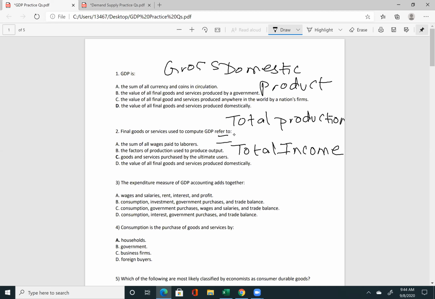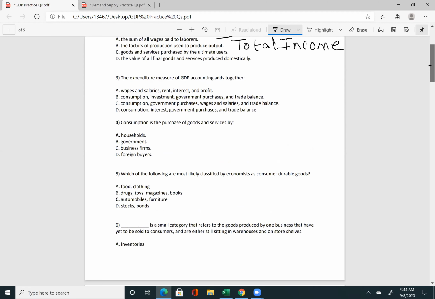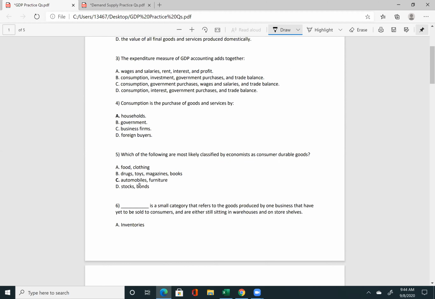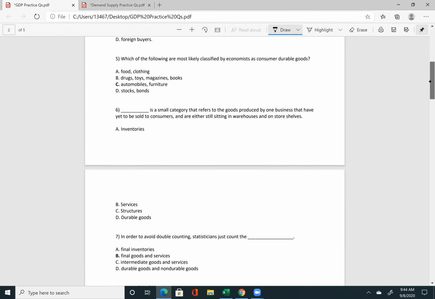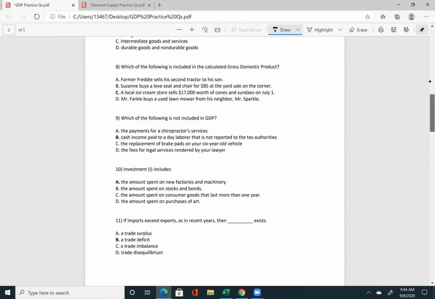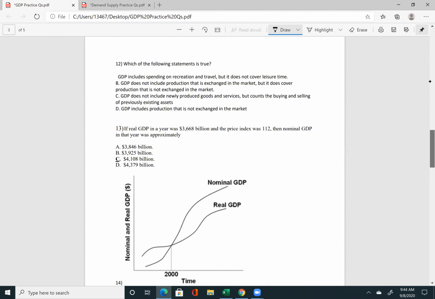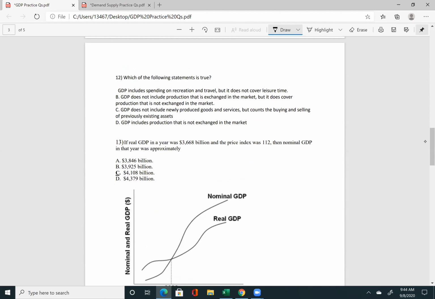Also, the total production is equal to the total income. What I really like to do here is the answer choices are already highlighted here. I want to look at 1 or 2 questions.